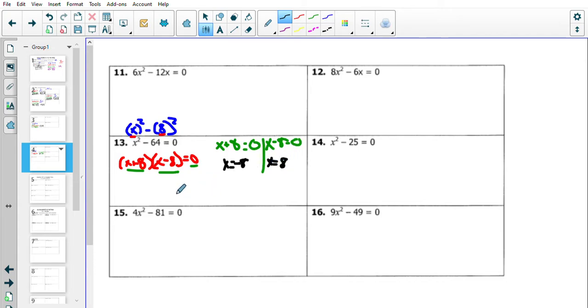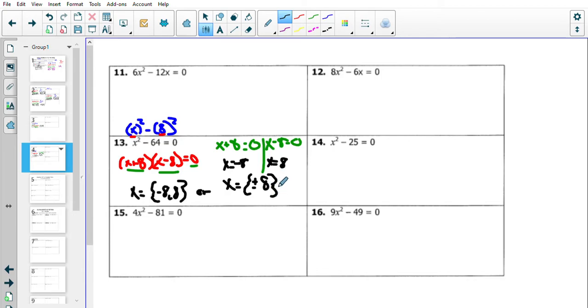Now with negative 8 and positive 8, you could write it in 2 ways. We could write it as negative 8 and positive 8. That's perfectly fine. Or we could write it as x equals, and then again in brackets, positive or negative 8.